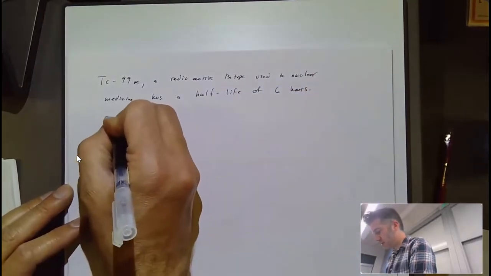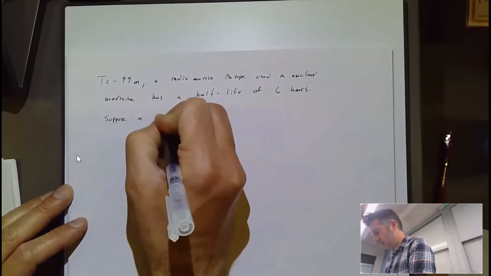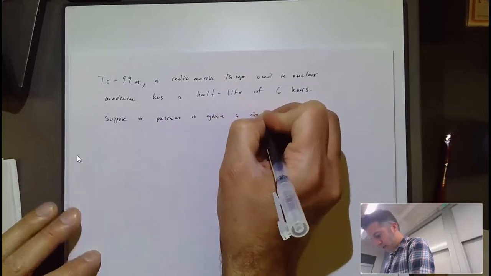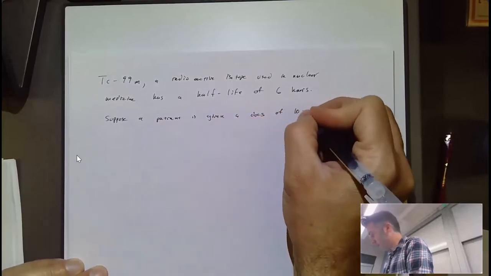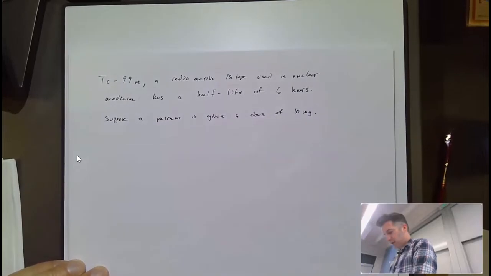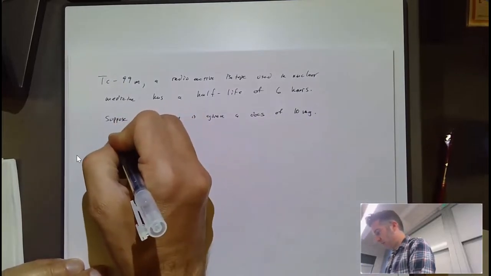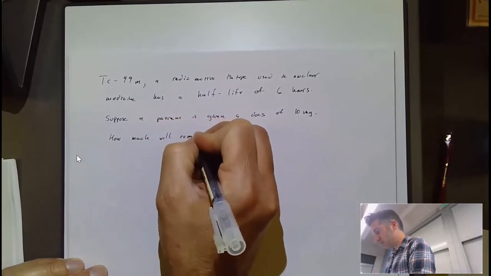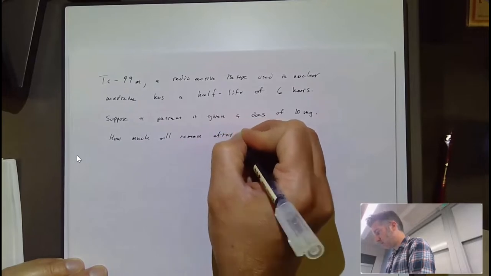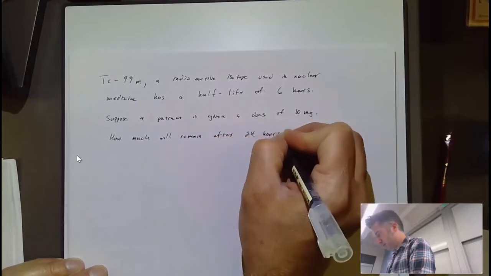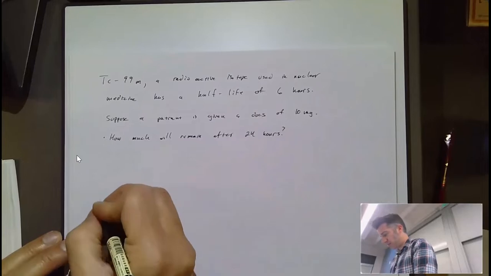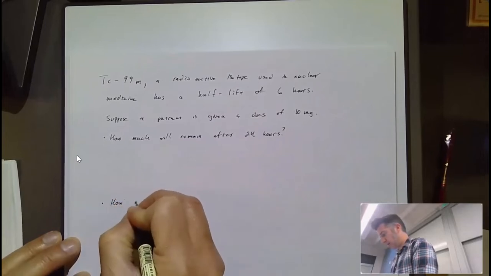Suppose a patient is given a dose of 10 milligrams. How much will remain after 24 hours? And then we'll also compare this with how much will remain after 8 hours.